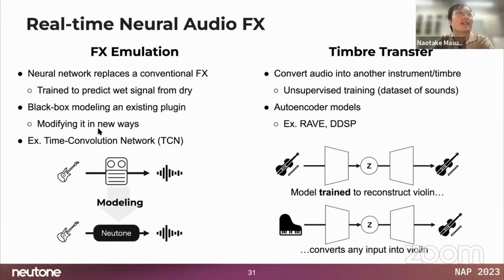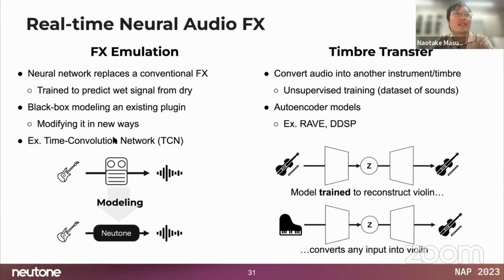Yeah, so it's basically the same as black box modeling, which is also an existing technique, I guess. But modeling the effect using a neural network sometimes allows us to modify it, sort of bend it in different ways to get cool sounds, and that's also a big advantage of this approach, I guess.